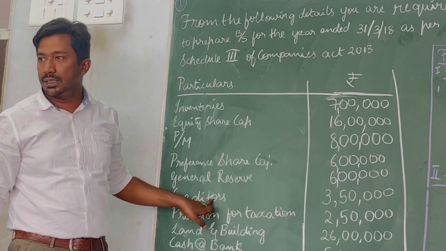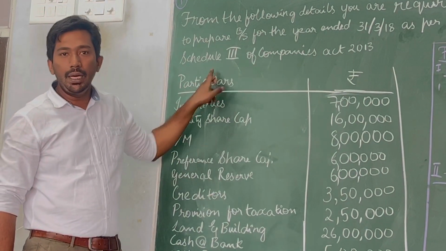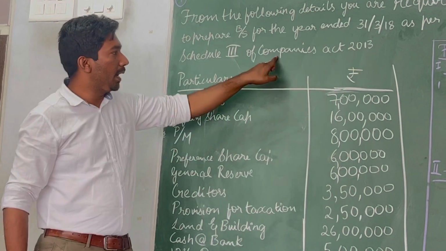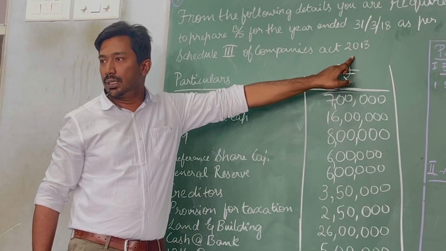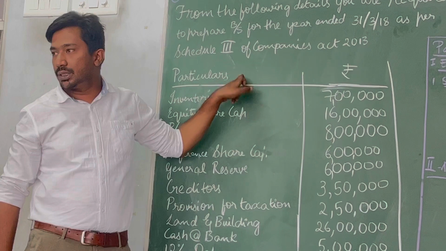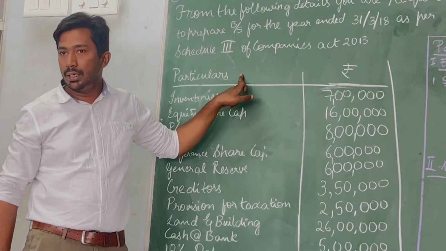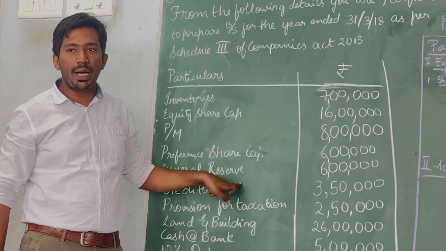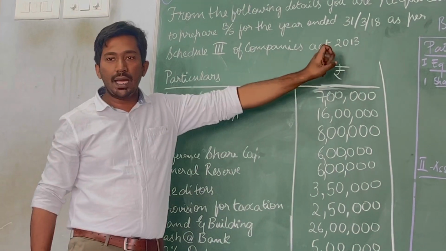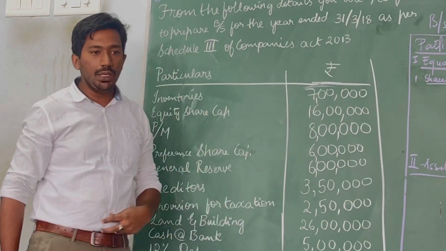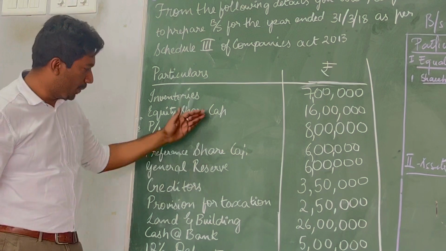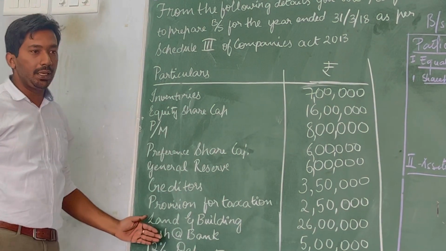They will ask you as the following: Schedule 3, vertical balance sheet, Companies Act 2013. So 2 1-mark questions are here. Right? Schedule 3 vertical balance sheet, and Companies Act was passed in the year 2013. And there are so many questions you can frame on this particular thing.